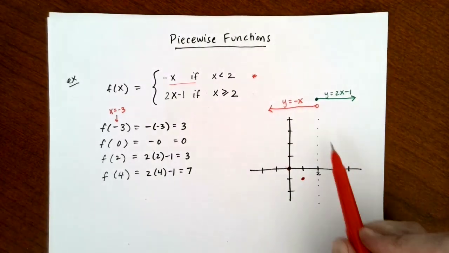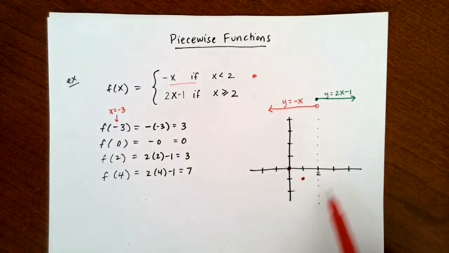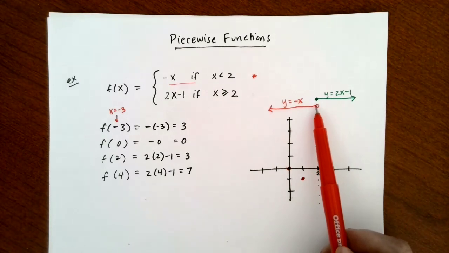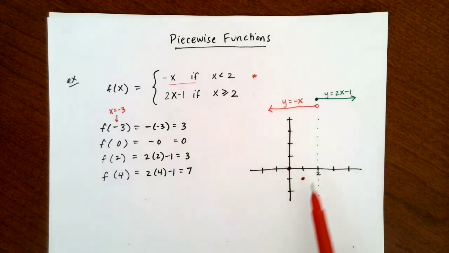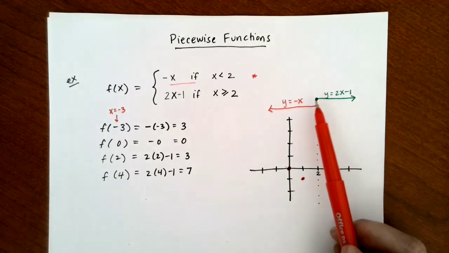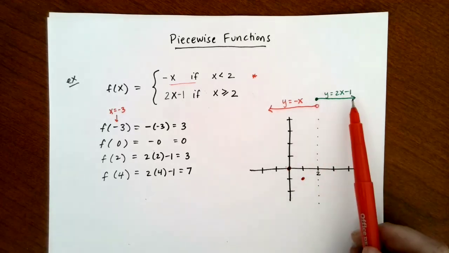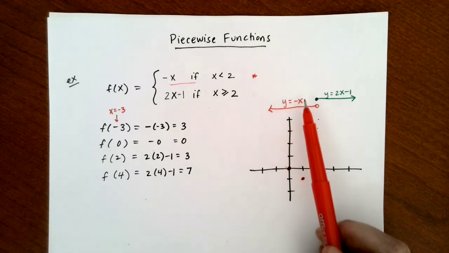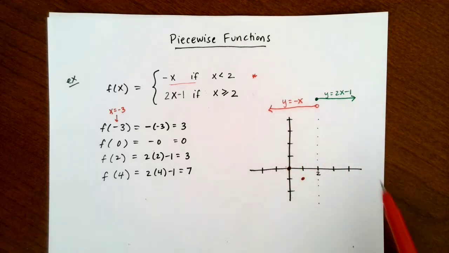And then I also want to go all the way to the dotted line. So this is x strictly less than 2. I'm going to plot this next point with an open circle, but I have to at least put that open circle there so it shows where the graph was supposed to be and makes it clear that at 2, you jump to the other part of the graph. All right, so at 2, this would have plotted at -2.